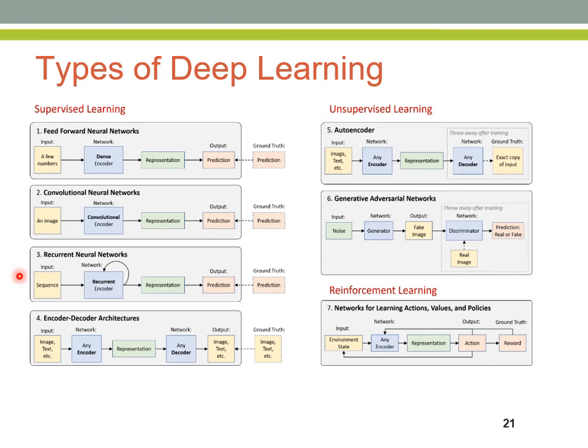Next, we have our recurrent neural networks, where connections between nodes form a directed graph along a temporal sequence. This allows the network to exhibit temporal dynamic behavior. We can use those for image classification as well as object detection and video action recognition, etc. Lastly, we have the encoder and decoder architecture in our supervised learning that allows us to perform semantic segmentation, machine translation.